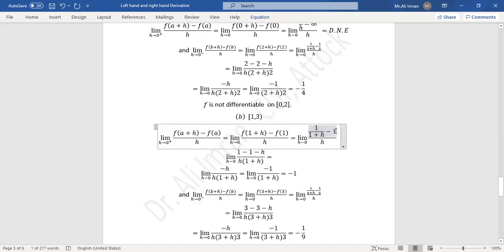Taking the LCM of the numerator, we will have limit h tends to 0 of (1 minus 1 minus h) divided by h into (1 plus h). Cancelling 1 with minus 1, we have limit h tends to 0 of minus h divided by h into (1 plus h).